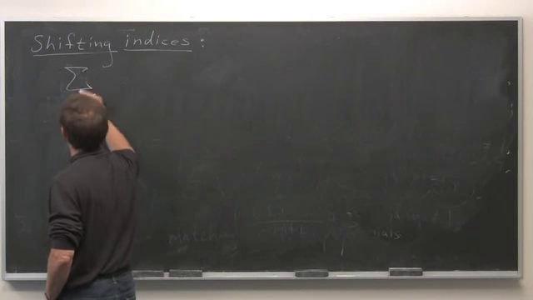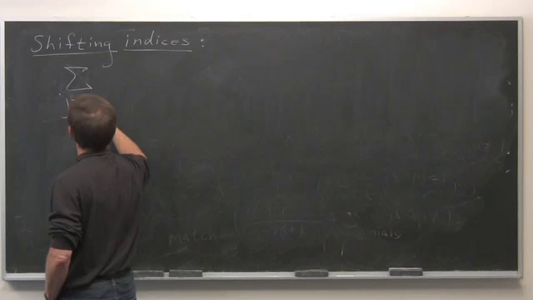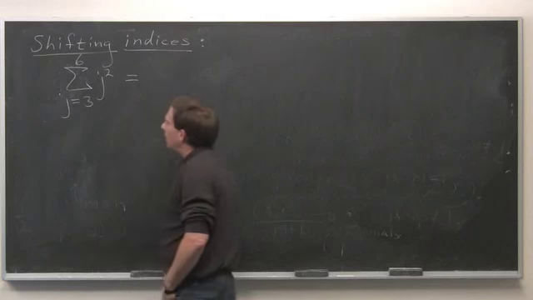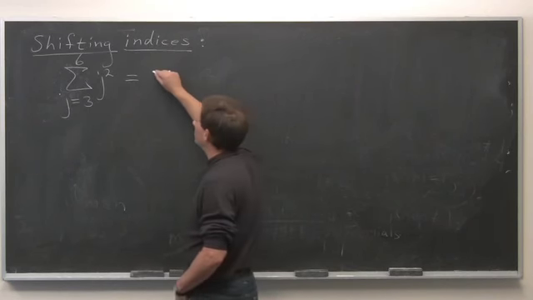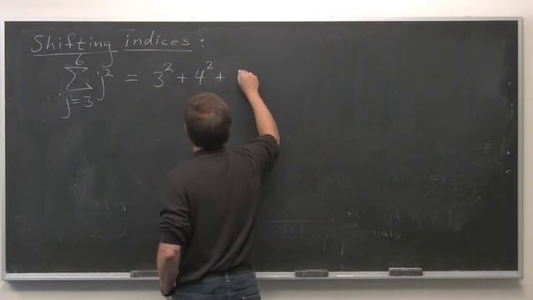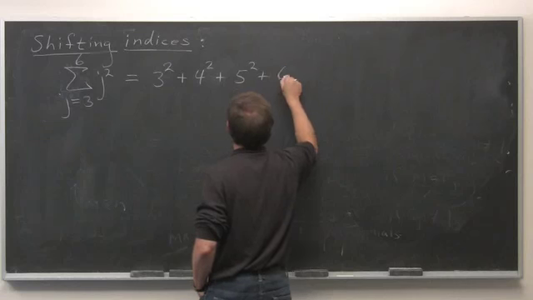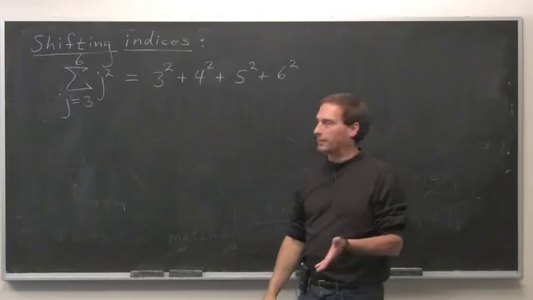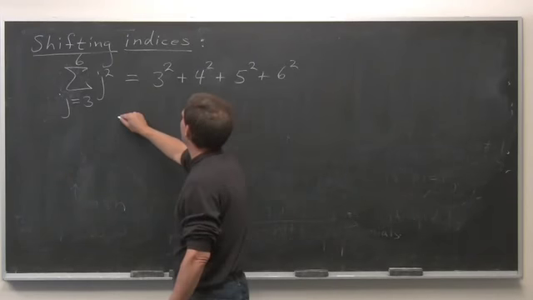The sum as j equals 3 to 6 of j squared. It's still what it has been the whole time, 3 squared plus 4 squared plus 5 squared plus 6 squared. If I want to, I can write this in a bizarre way.